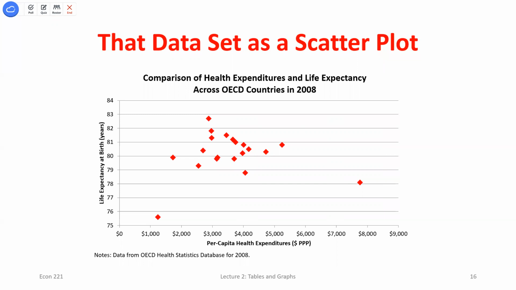If it looked more like this, there'd be a very obvious correlation between those two variables. Here, I don't get something that looks quite as obvious. Maybe there's a slight increasing line here, but it's hard to get a line that looks like a very obvious direct relationship. But this is the idea of a scatter plot, and it lets me know that very quickly.